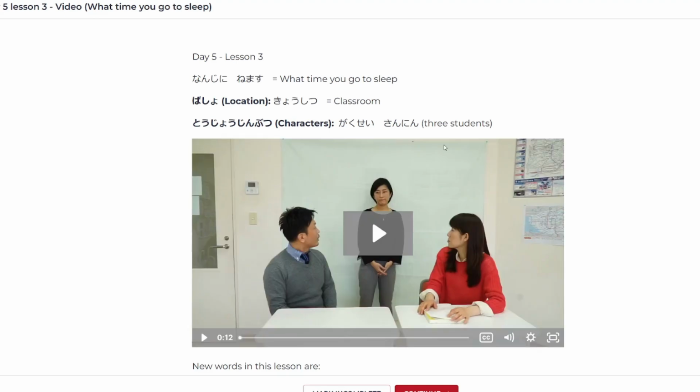All right, lesson 3. What time do you go to sleep? Nanji ni nemasu. Nemasu. This is not su with a T, that's a thing I do. This is regular su. Nemasu.